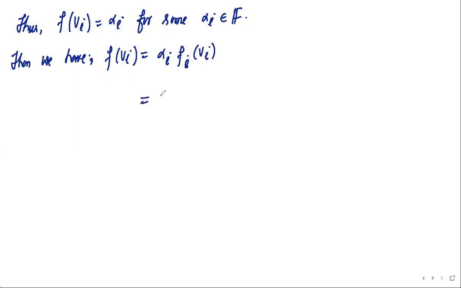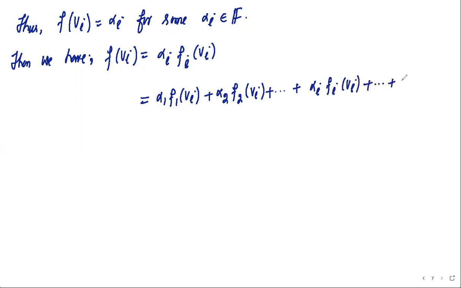But now we can again write this as alpha 1 f1 of vi plus alpha 2 f2 of vi plus so on plus alpha i fi of vi plus so on plus alpha n fn of vi.